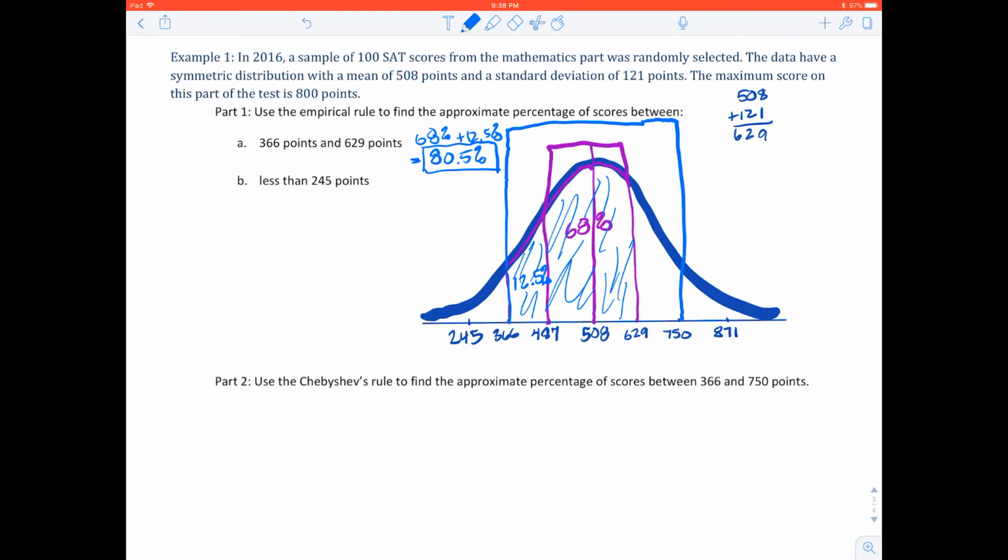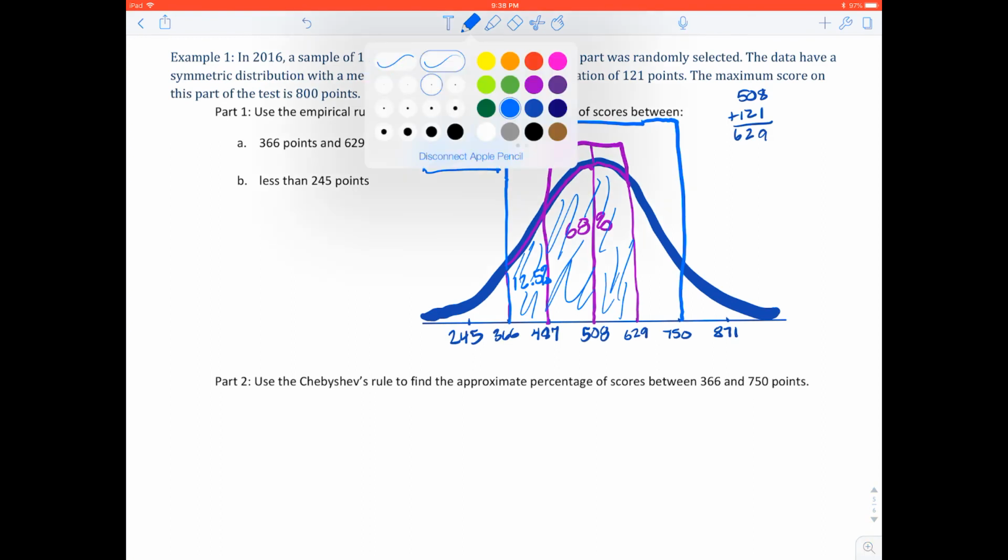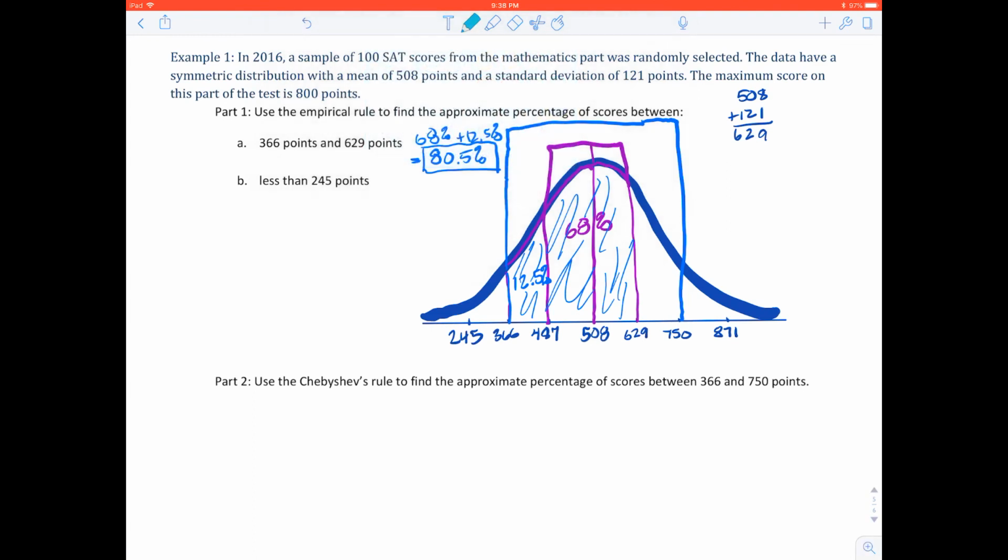All right, now let's look at less than 245 points. We'll do this one in a different color. Here, 245 falls to the left, and we're looking at the proportion of scores that are less than that.